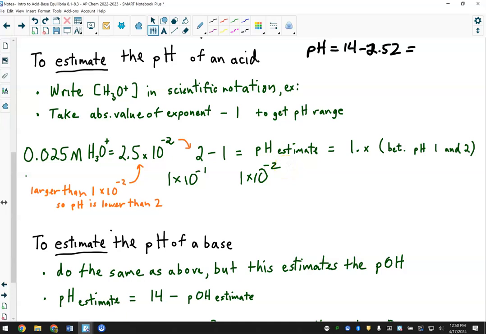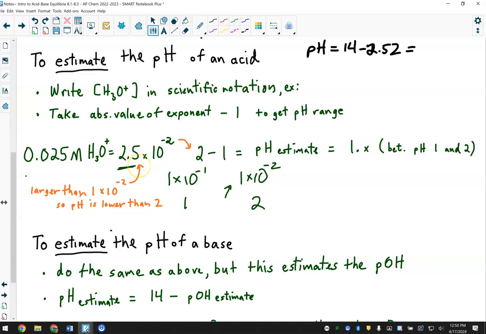It's bigger than 1 times 10 to the negative second, but smaller than 1 times 10 to the negative first. Since that value is in there, the negative logarithm is going to be between 1 and 2. And so the pH of that is going to be 1.x, whatever the x is, based on this exact number here.